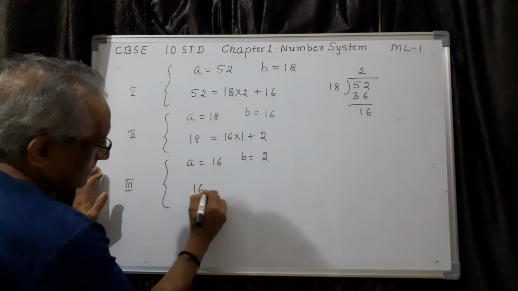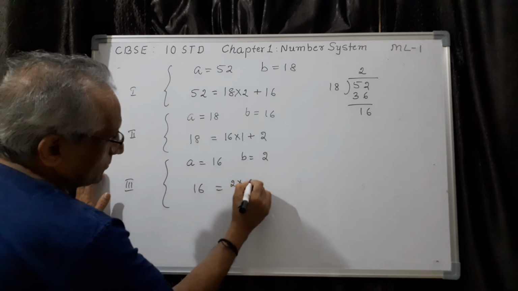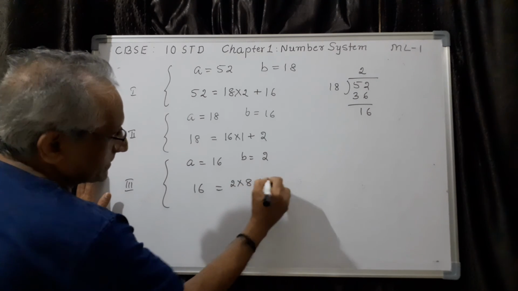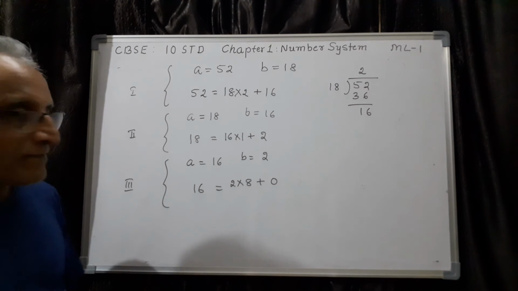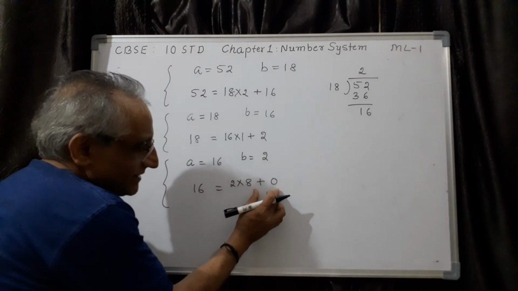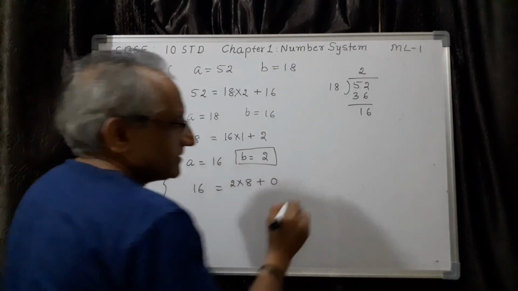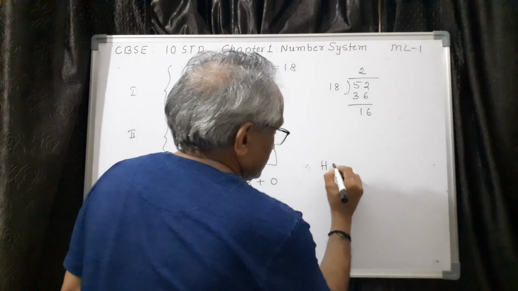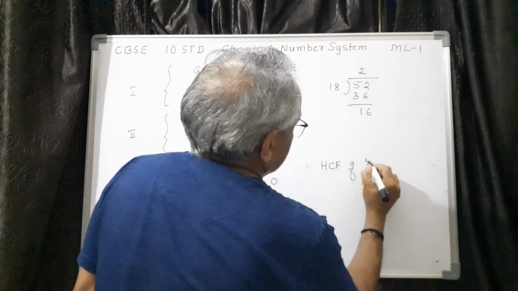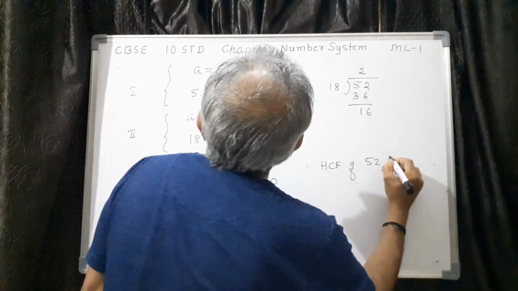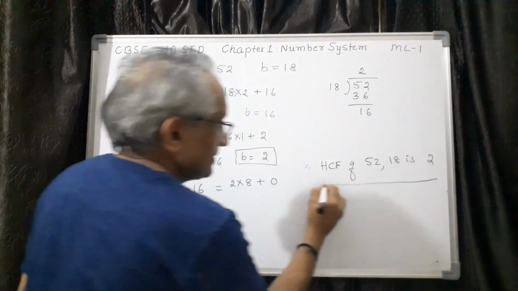Now 16 equal to 2 into 8 plus 0, because 2 into 8 is 16, so the remainder is 0. So the remainder is 0 means this b is the HCF. Therefore HCF of 52 and 18 is 2. So this is the method.